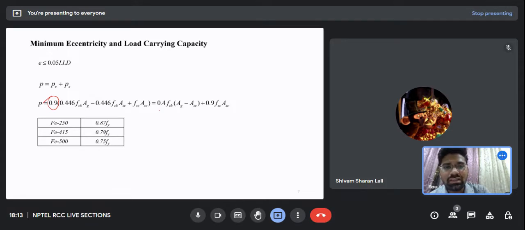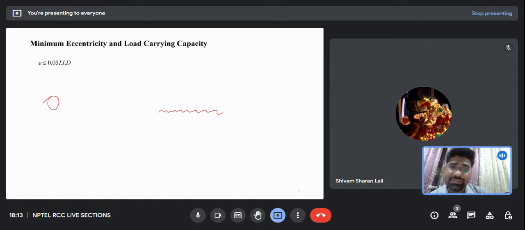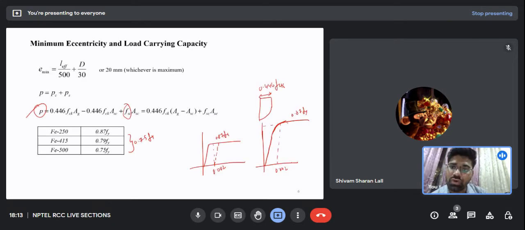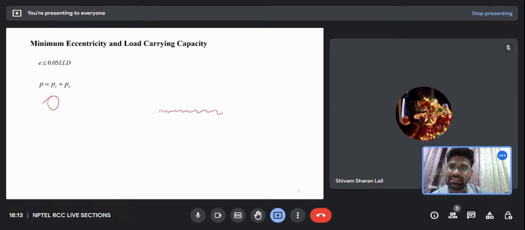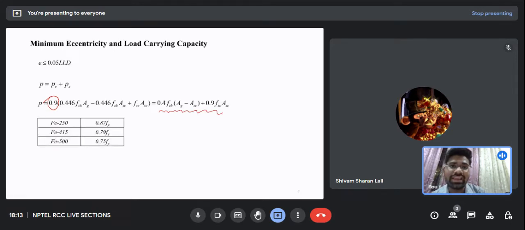So here you can see the final load carrying capacity of a column which is less eccentric than the case which we have seen previously. So this is a more eccentrically loaded column than this case. So the load carrying capacity has reduced, because the more the eccentricity, the more ductile behavior in the column we will be able to see, and the more ductility in the column, the more warning we will be getting.